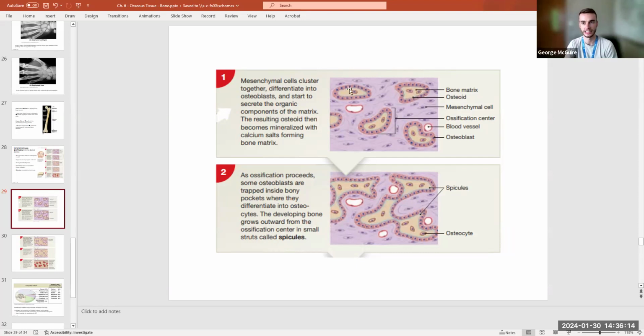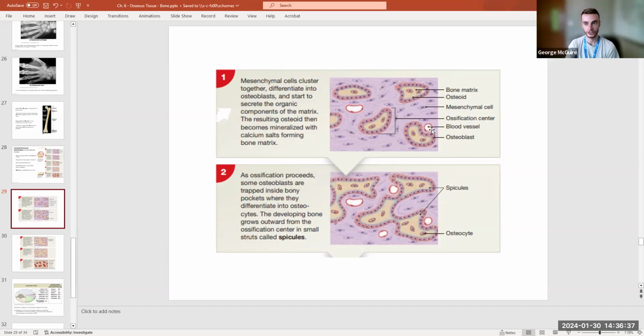Okay, so that's kind of what we see beginning to happen here. These mesenchymal cells are differentiating into osteoblasts. These osteoblasts start depositing that collagen and hydroxyapatite crystals surrounding themselves in a matrix. And so we start forming these ossification centers all throughout this little tissue.